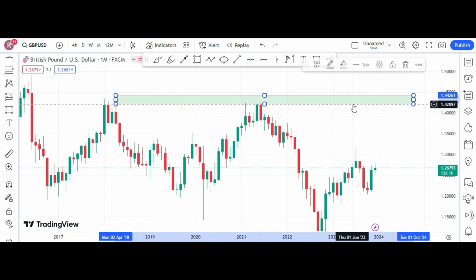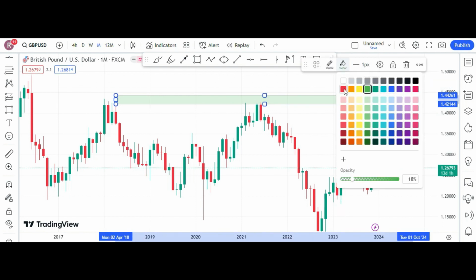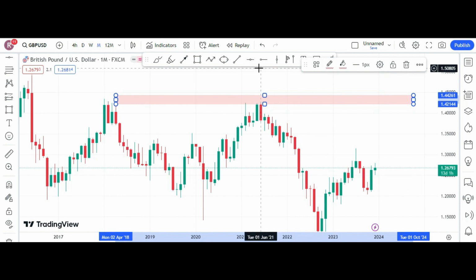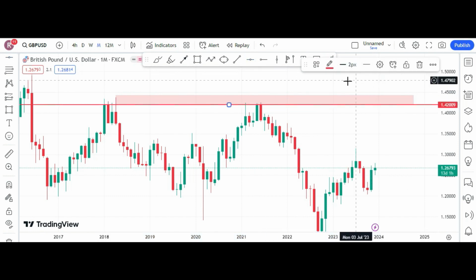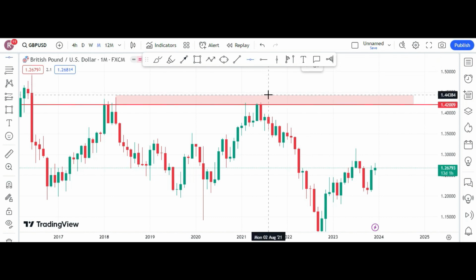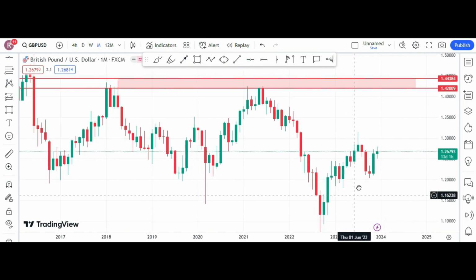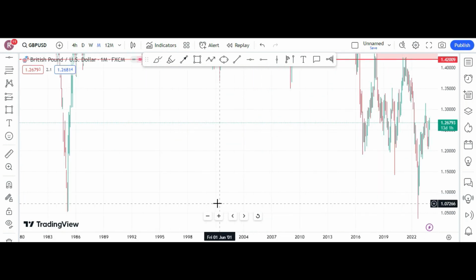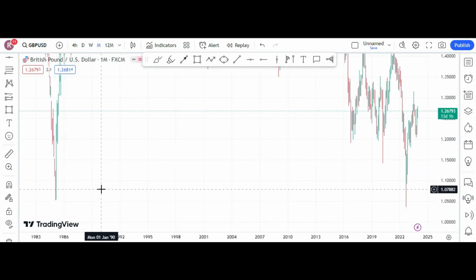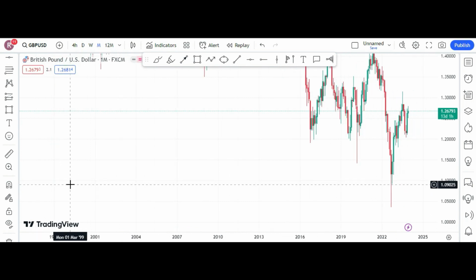I beg your pardon. This is the double top we got in the monthly time frame, and this created this bottom, and this bottom has been created a little bit back from here. If you guys can see, from here it has been created.